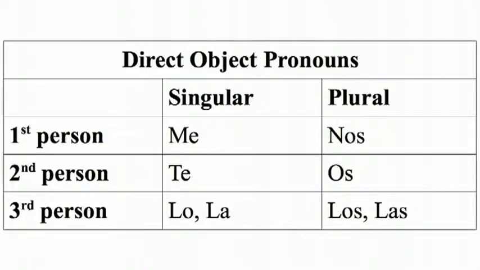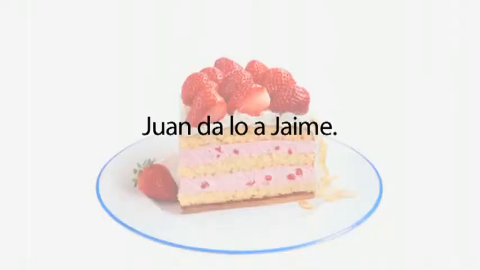So, looking at our chart of direct object pronouns, which one are we going to use if el pastel is singular and masculine in the third person? Lo. Back at our sentence, we just need to replace the whole direct object, which includes the definite article el, with lo. So our new shorter sentence is Juan da lo a Jaime.